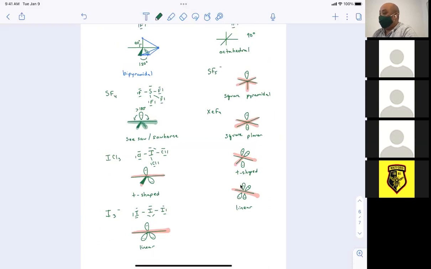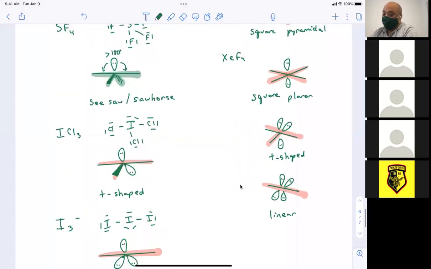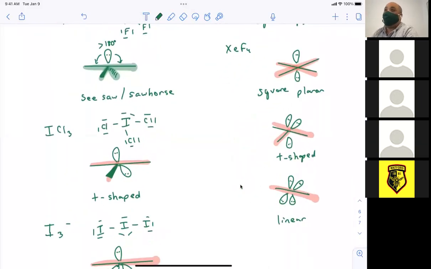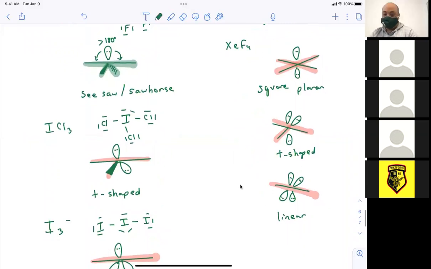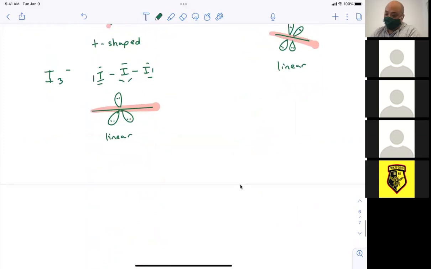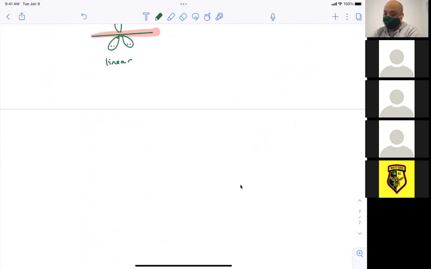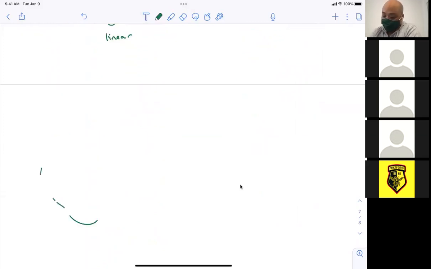And yes, it may take you a little time to get used to this, but like I said, if you memorize all 5 electronic geometries, you can figure out all the molecular geometries by covering things up. The way I do it is I draw, I'm just going to do the HL here because we already did the SL.